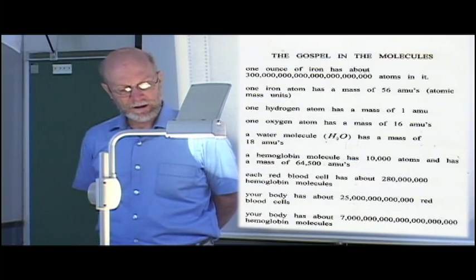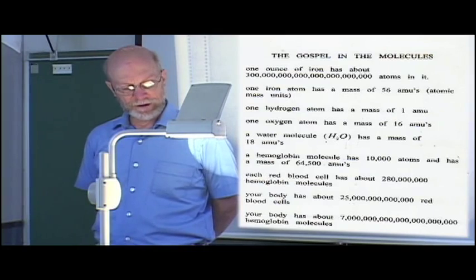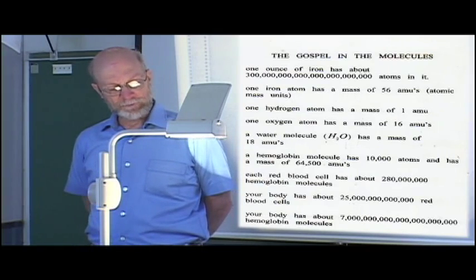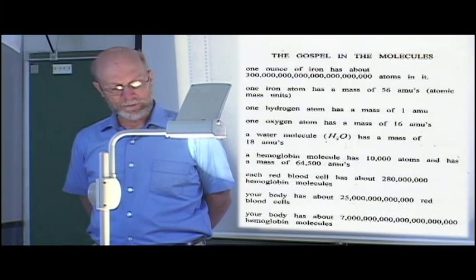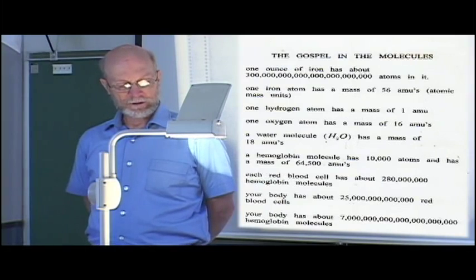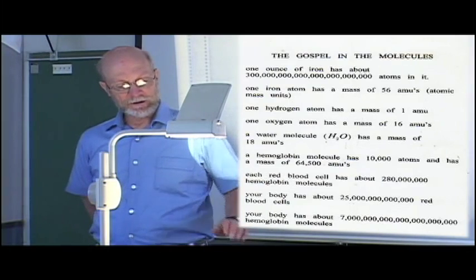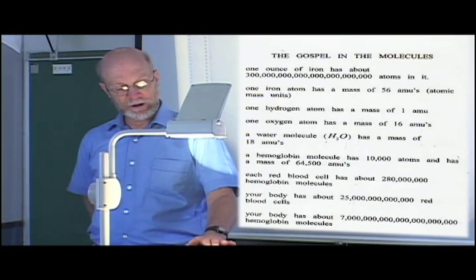Your body has many red blood cells in them, and each red blood cell has about 280 million hemoglobin molecules. Your body is about 25 trillion red blood cells.